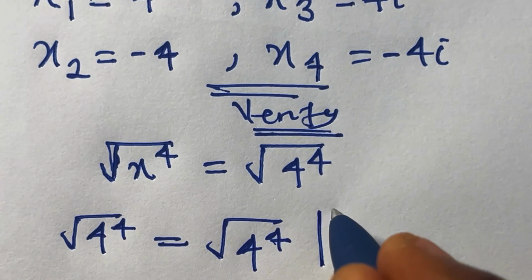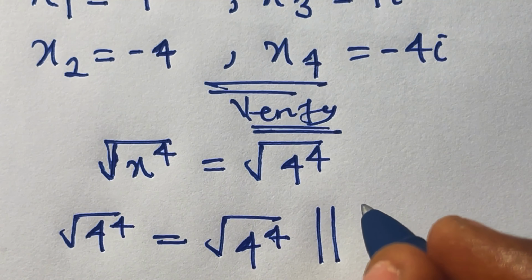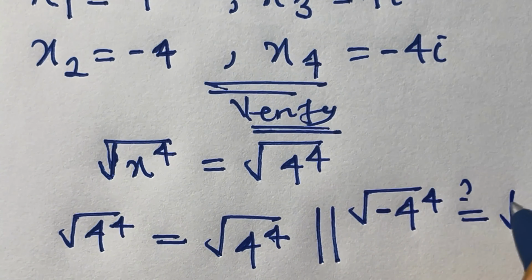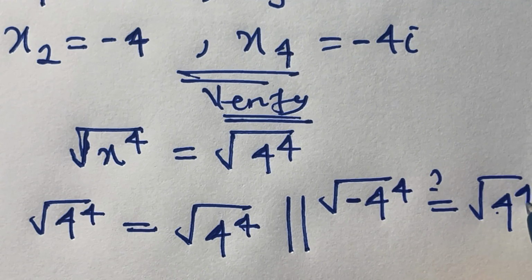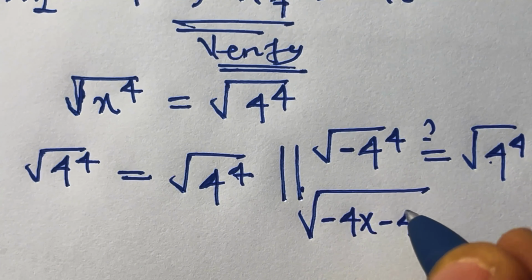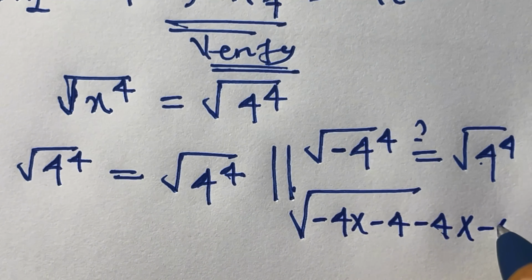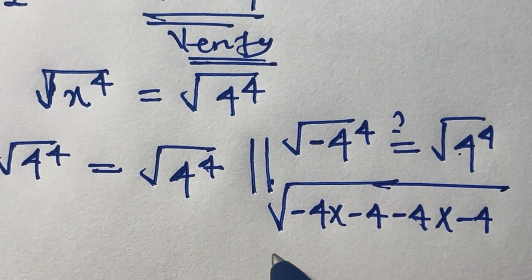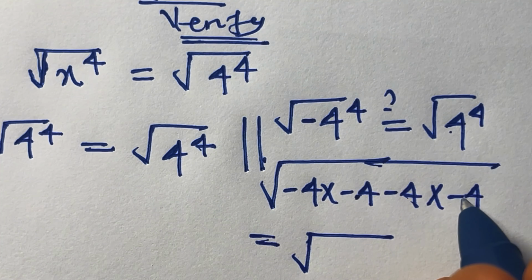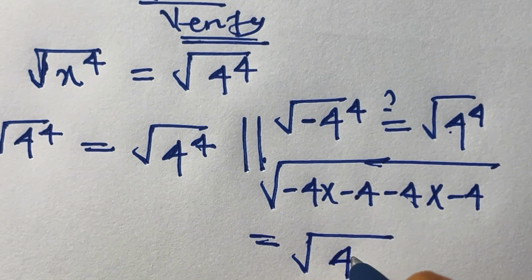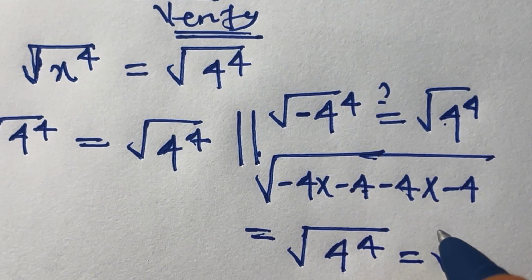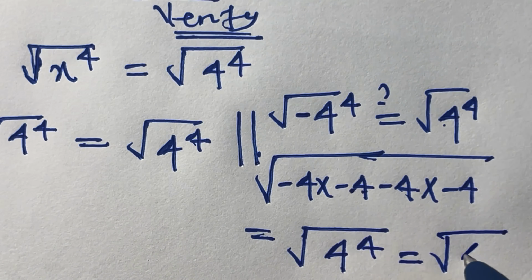The same thing if you use minus 4. What we are going to use here is minus 4 times minus 4 times minus 4 times minus 4. You observe that minus times minus is plus, plus times minus is minus, minus times minus is plus. So we have 4 raised to the power 4, which is also equal to 4 raised to the power 4.